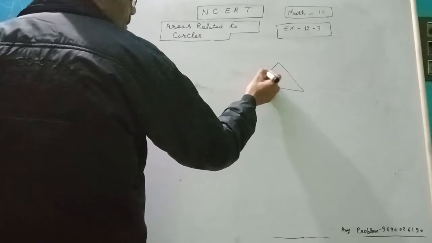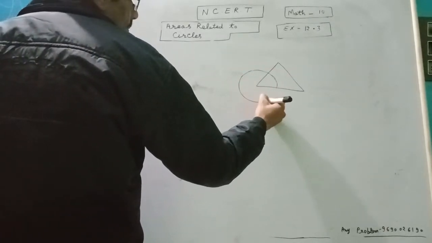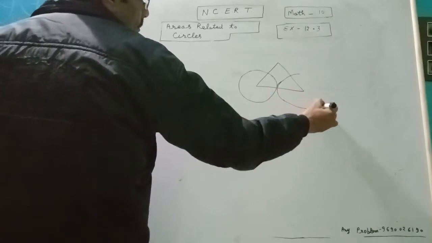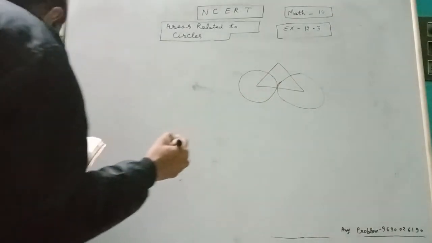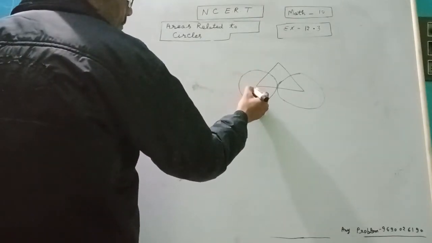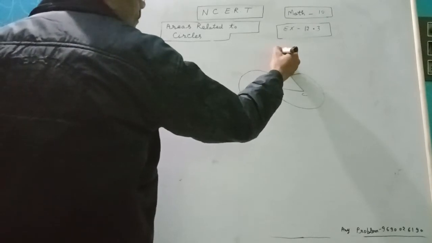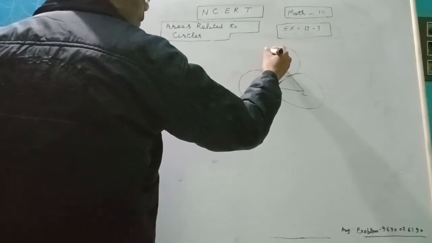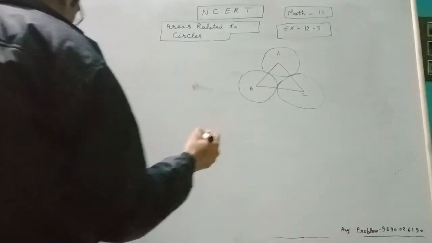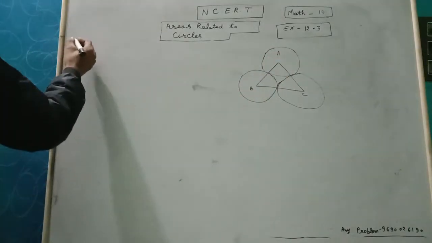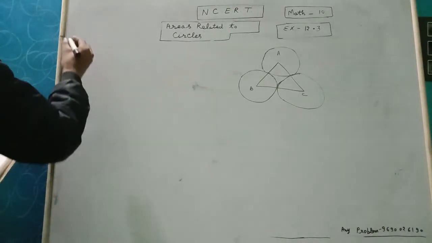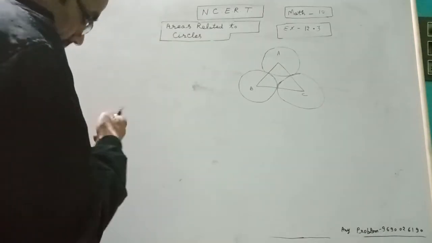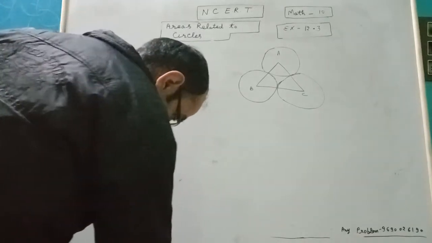Three circles are drawn with A, B, C as centers, as in the figure. In question number 10, the area of the equilateral triangle is given.